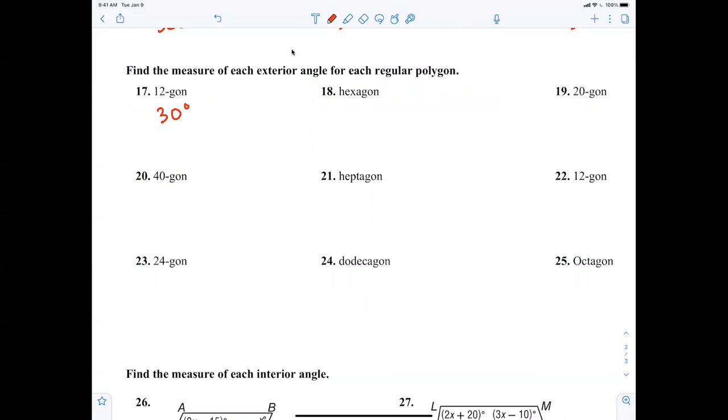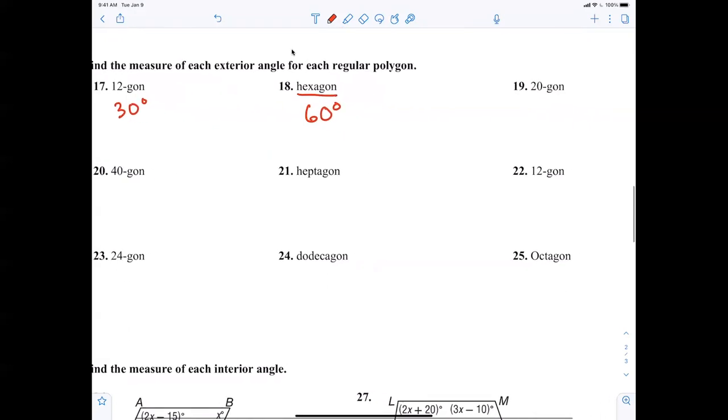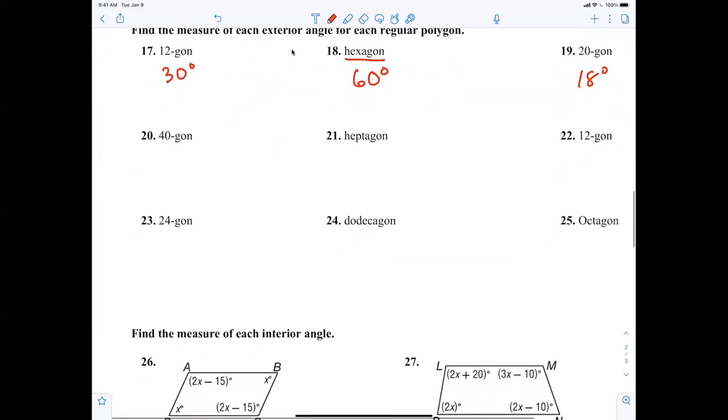Help me out with 18. A hexagon is 6, so 60 degrees. And 19, 18 degrees. 20, 9 degrees.